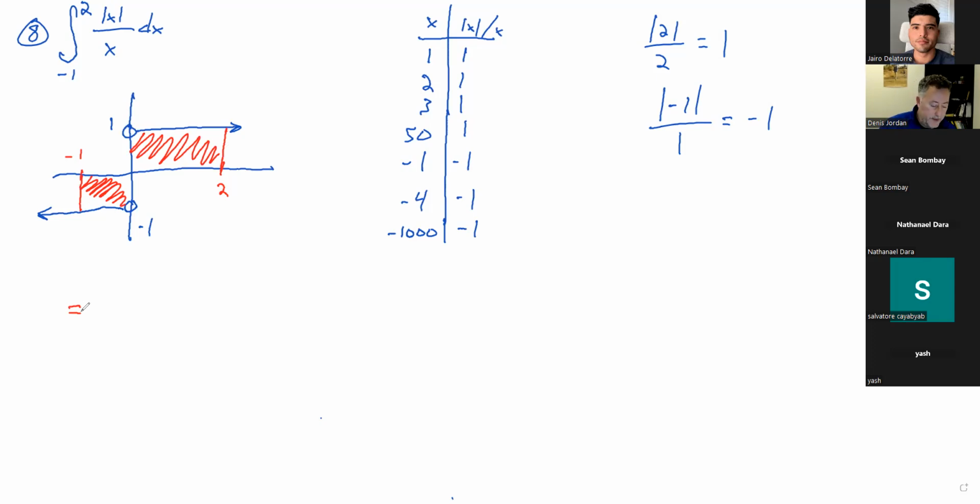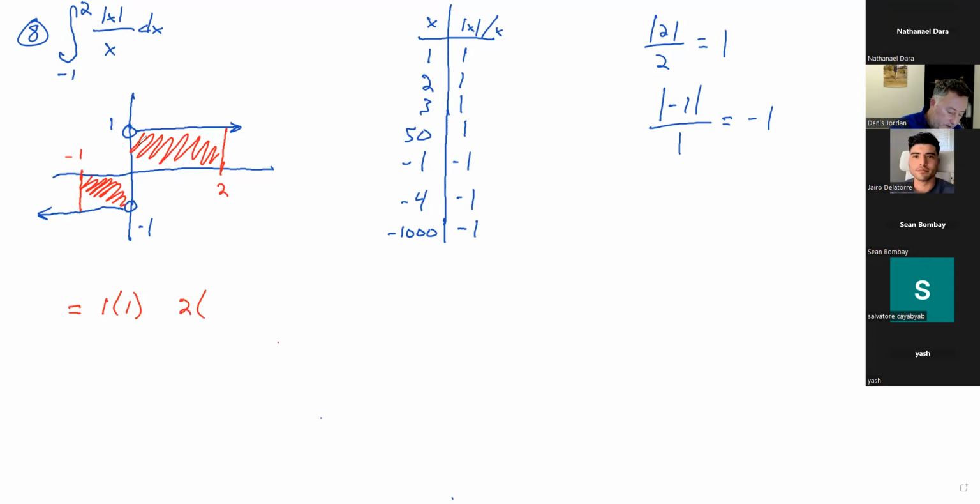Rectangles. On the first rectangle, the one below the x-axis, the base is 1 and the height is 1. And for the area above the x-axis, the base is 2 and its height is also just 1.